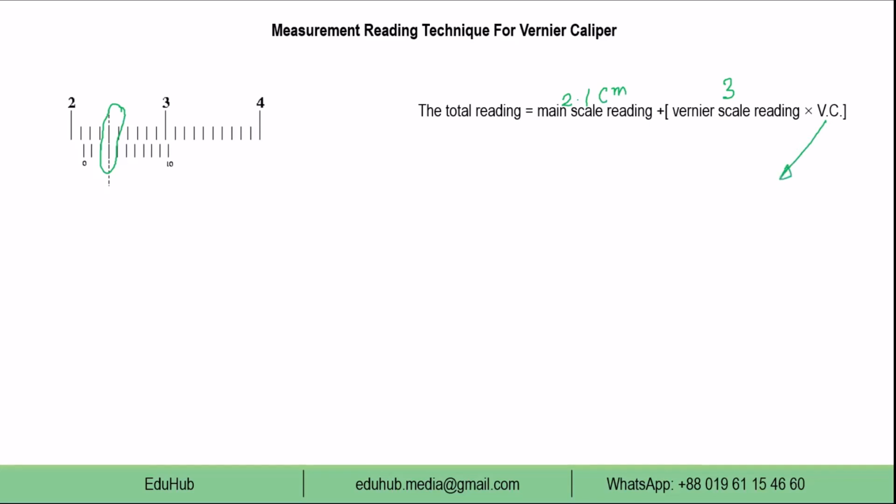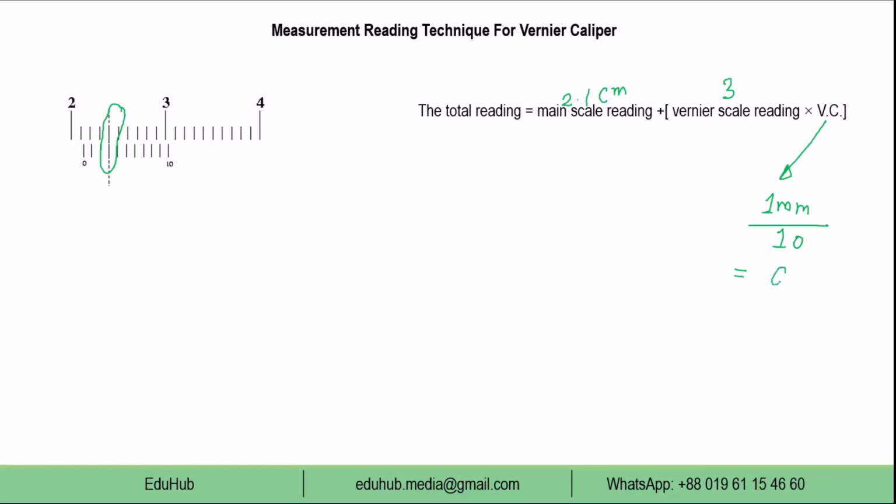Suppose the Vernier constant is 1 millimeter by 10. Here 1 millimeter is the smallest division of the main scale and 10 is the total division of the Vernier scale.